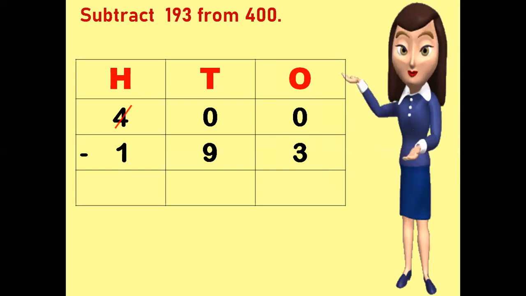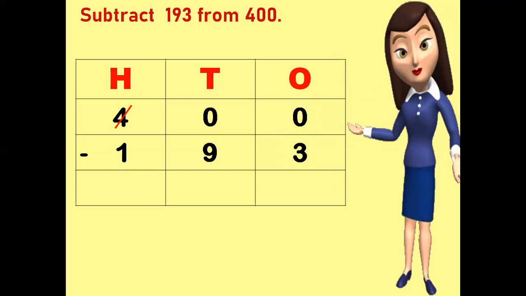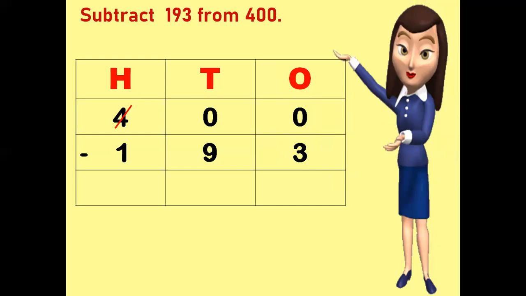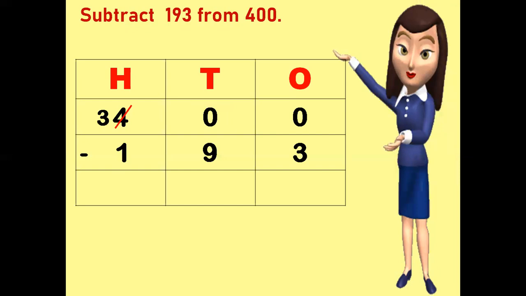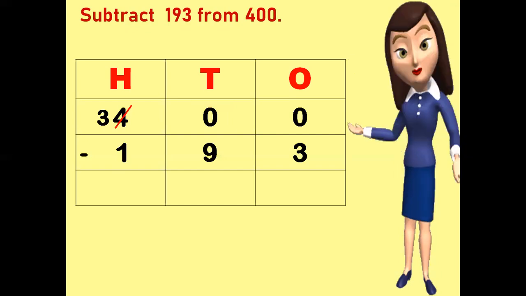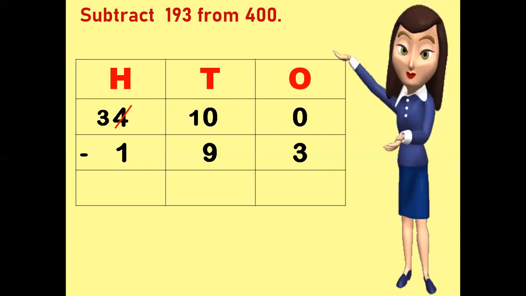Here 0 tens take 100 from 400. So 4 becomes 3 and 0 becomes 10. Now 0 becomes 10 tens.